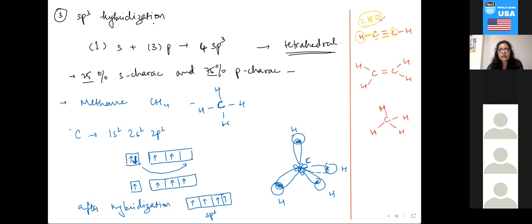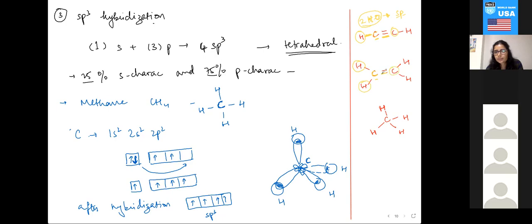And two hybrid orbitals means, in which case do you get only two hybrid orbitals? SP, because you're taking only two atomic orbitals. In this case, you can see that a particular carbon is bonding with three different atoms: one hydrogen, second hydrogen, and the third carbon.